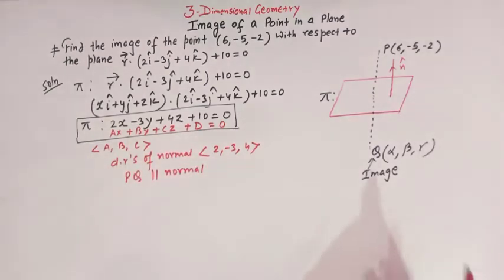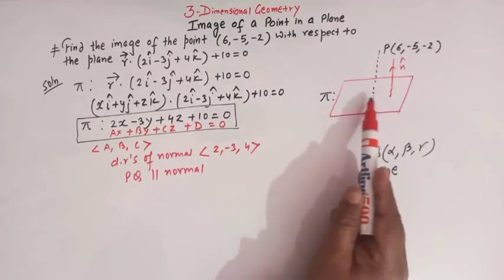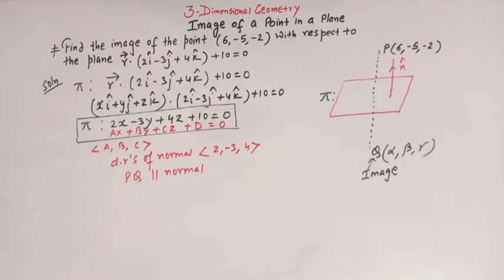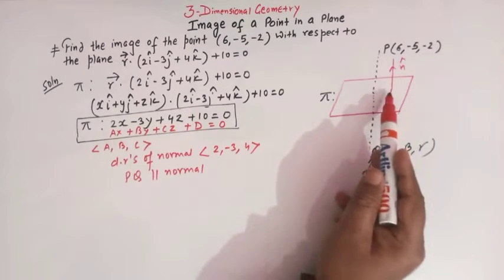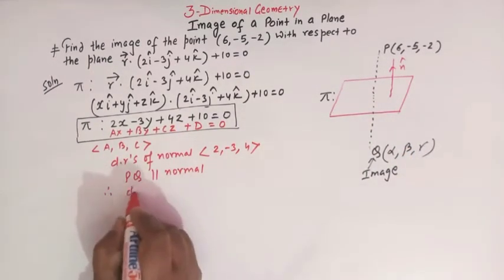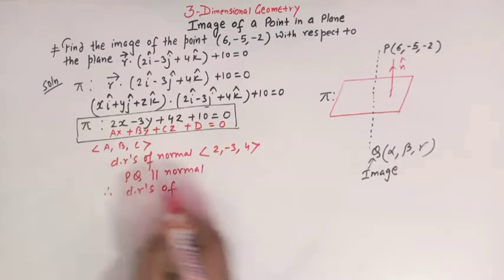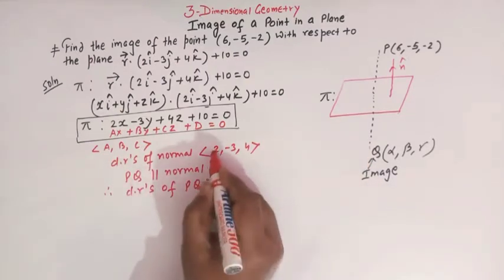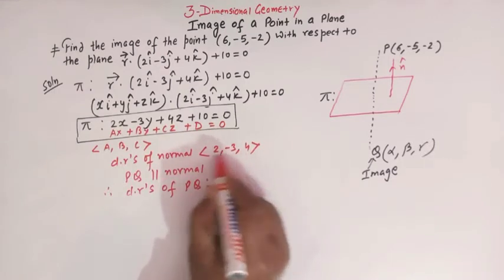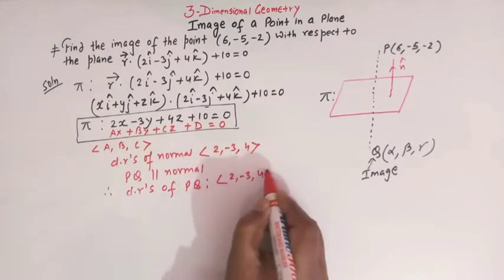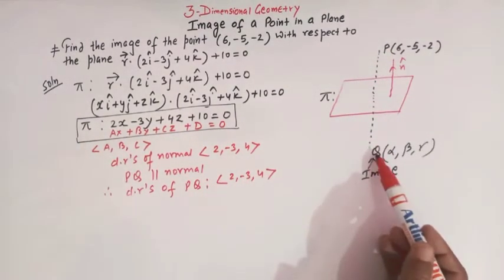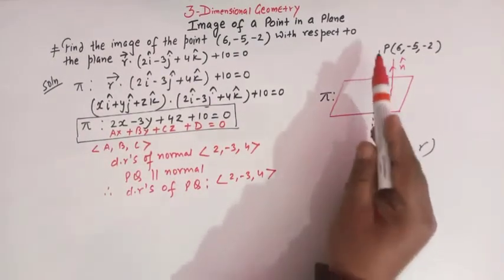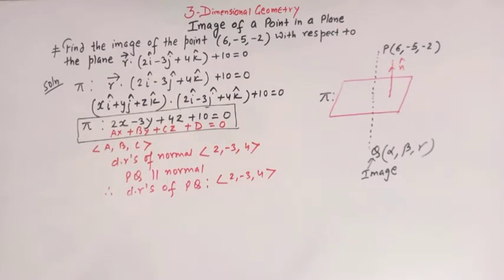We know that if two vectors or two lines are parallel, then their direction ratios are either equal or proportional. So here PQ is parallel to this normal vector. Therefore we can take the DRs of this line PQ as 2, -3 and 4, because PQ is parallel to this normal vector.